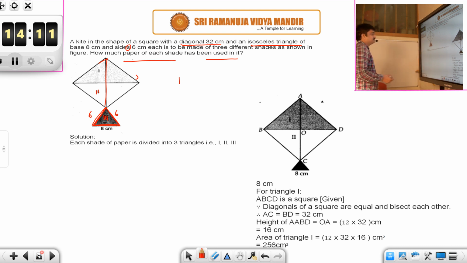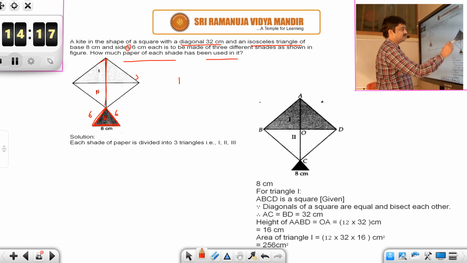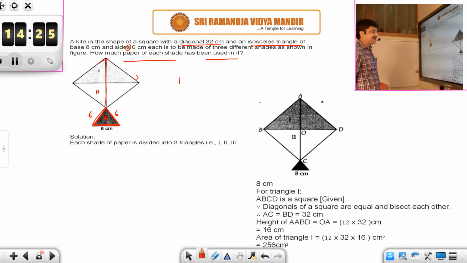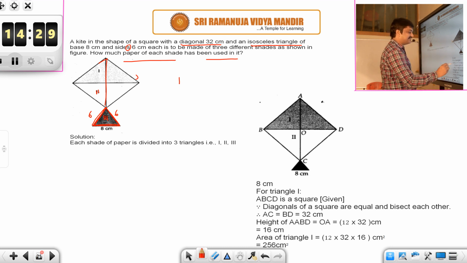What is given? The paper is divided into 3 triangles, isn't it? See, first one, second one and third one. So all these are 3 triangles, right? Now for triangle 1, since ABCD is a square, ABCD is a square, right?